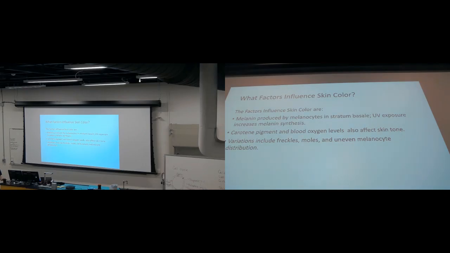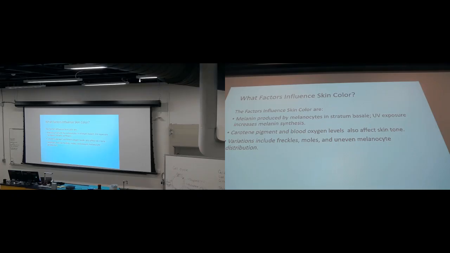So what factors influence skin color? Well, the melanin. Melanin not only provides the skin color, but protects us against UV exposure. This melanin is produced by the melanocytes, and these melanocytes are going to secrete it to the cells that are nearby in the stratum spinosum.